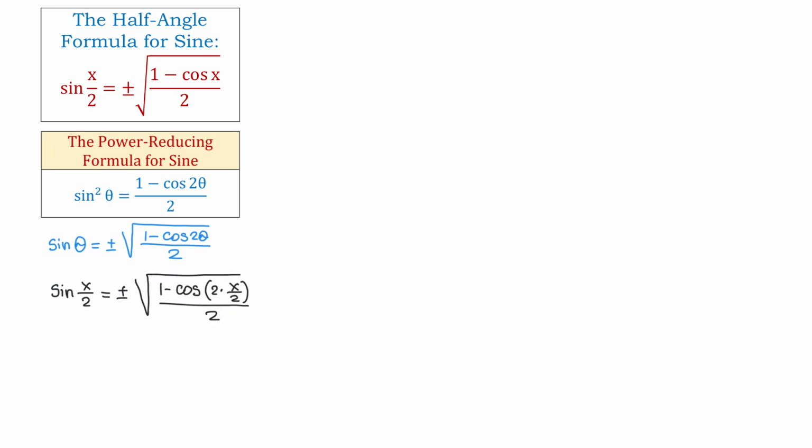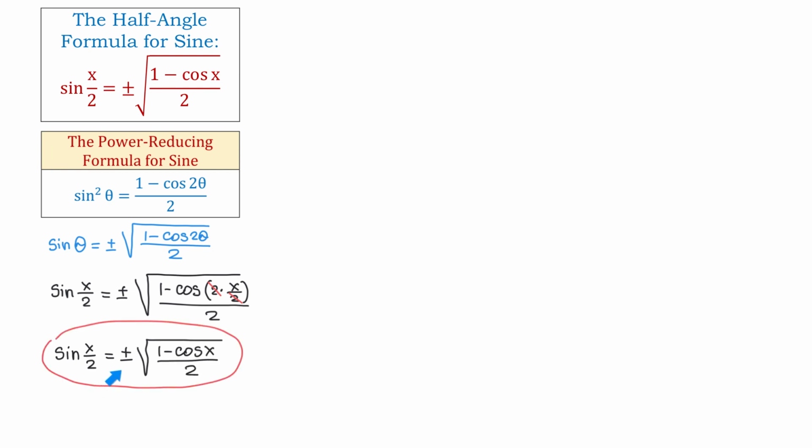Then in this formula, 2 and 2 will cancel, and we will write that sine of x over 2 equals plus or minus square root of (1 minus cosine of x) over 2. And this is the half-angle formula for sine that we have above.